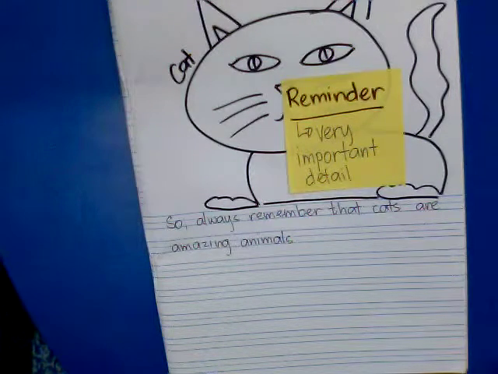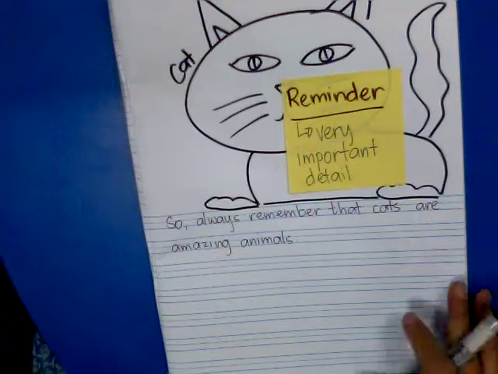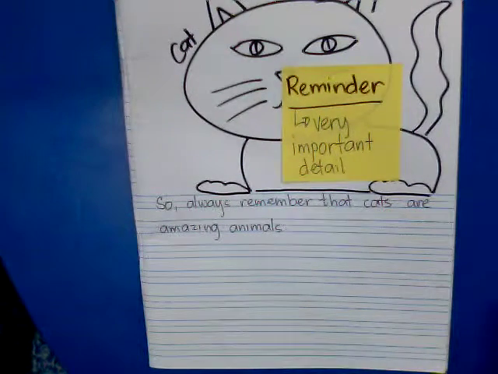Is that it? Is this how we're gonna end this? So always remember that cats are amazing animals. This sounds really great. However, it still is very short. Now, you have to remember you are first graders and you're expected to write a little bit more than one sentence per page. Do you remember that? We need to keep challenging ourselves.